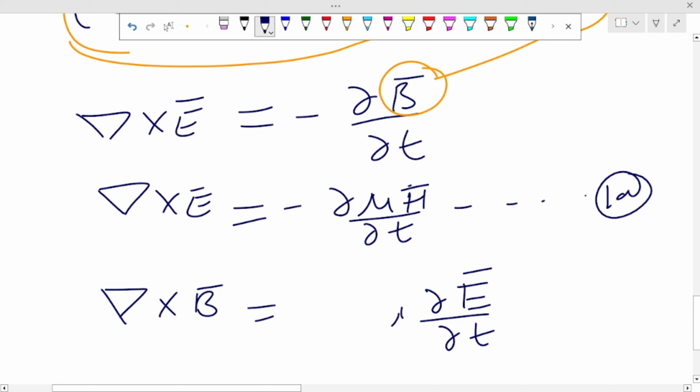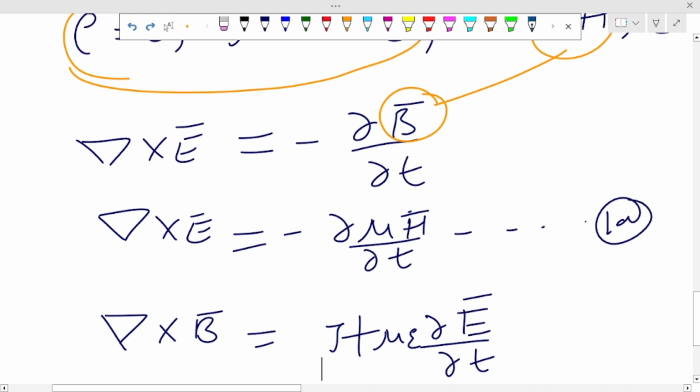And of course you add the permeability, and then the permittivity, and then your current, current I or J. Let's work with the J, because J is what we have there, and then permeability.